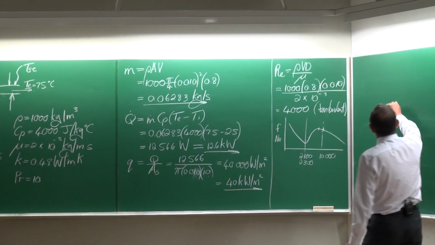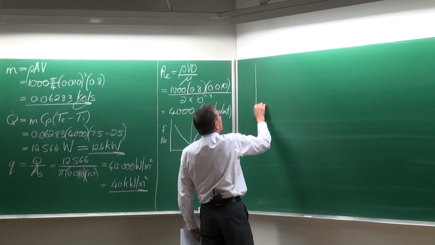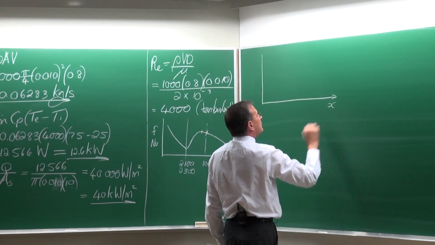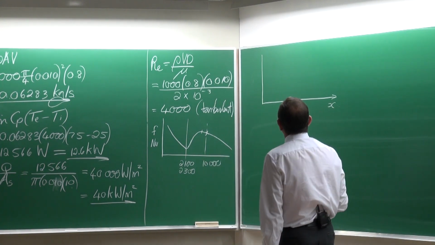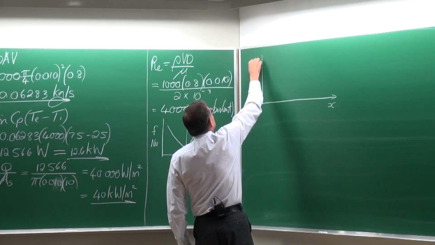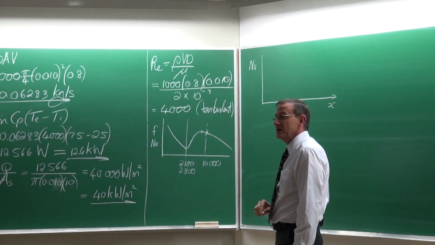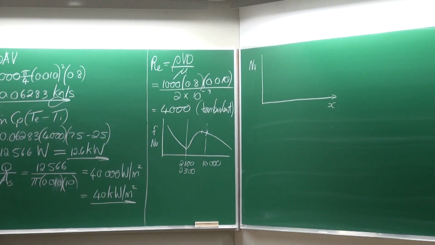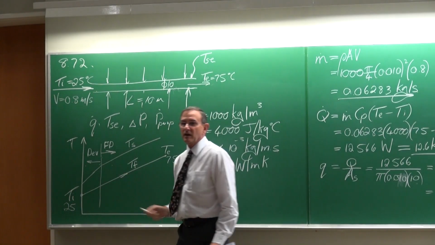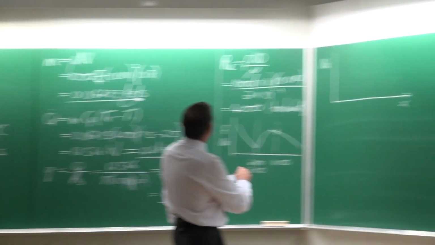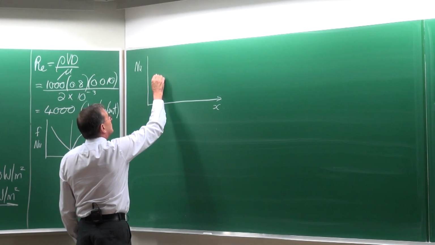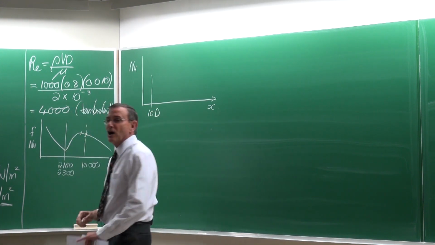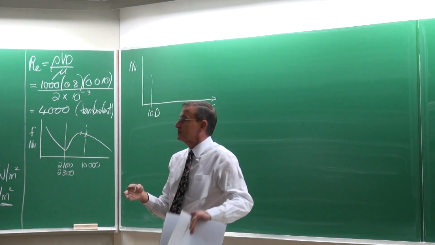Okay, if the flow is turbulent, and we would like to look at the heat transfer coefficient or the Nusselt number, then we know there is a developing part and there's a fully developed part. But because the flow is turbulent, it will take only 10 diameters before it's fully developed.